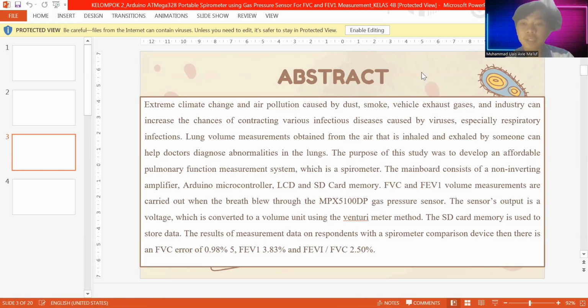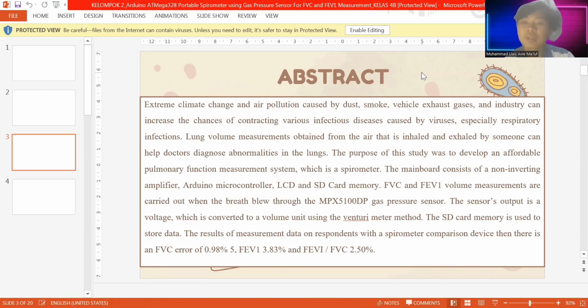Lung volume measurement obtained from the air that is inhaled and exhaled by someone can help doctors diagnose abnormalities in the lungs. The purpose of this study was to develop an affordable pulmonary function measurement system, which is a spirometer.